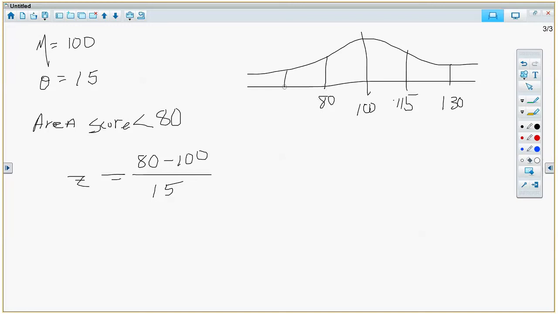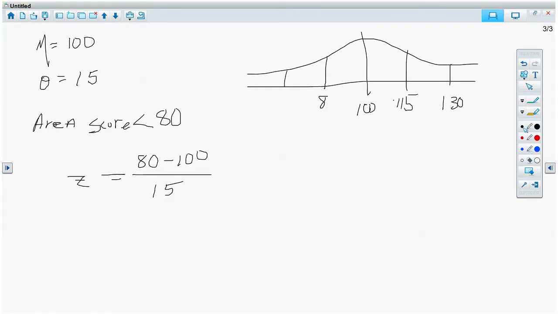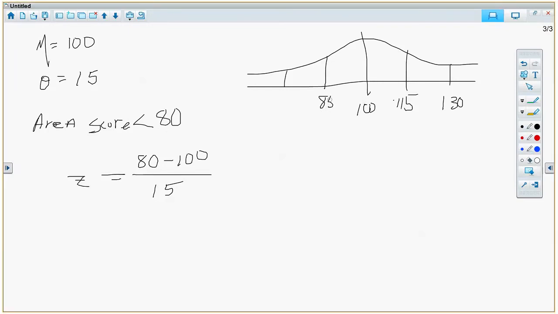No, that wouldn't be 80, it would be what, 85? And 70. Now, take your handy dandy red marker or blue marker, and 80 would be right about here, right?